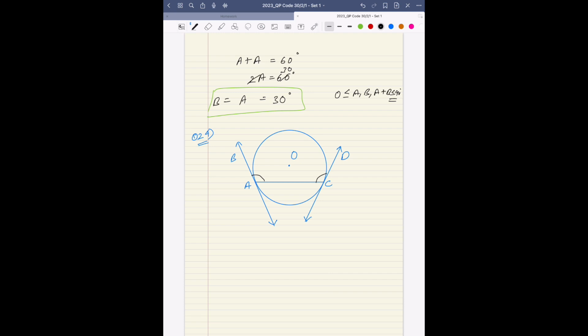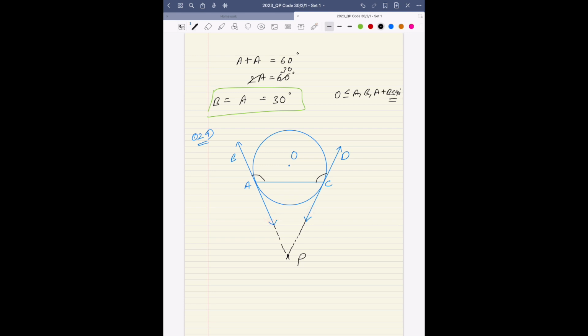You extend your tangents, right? They will meet at a point, let's say P. Generally, we call this external point P. Now, as per the theorem, you know that if you draw 2 tangents from an external point to a circle, their lengths are equal.